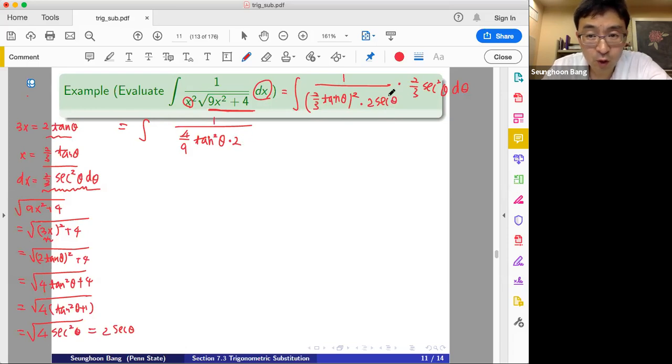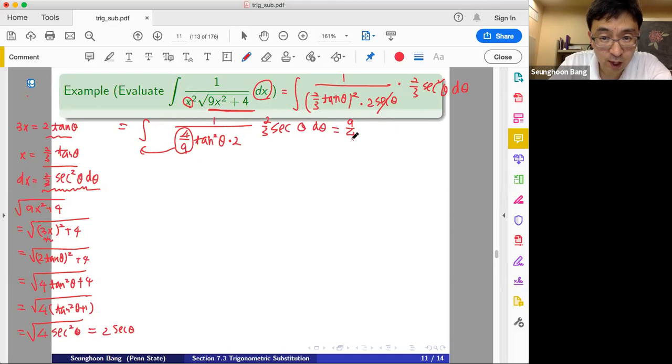Times 2, one secant is crossed out. We have only 2/3 secant theta d theta. So next, you just take out all the coefficients. Take out 4/9, so use the reciprocal 9/4. Only take out 2, the reciprocal. The 2/3 is just 2/3. Take out everything from the integral.